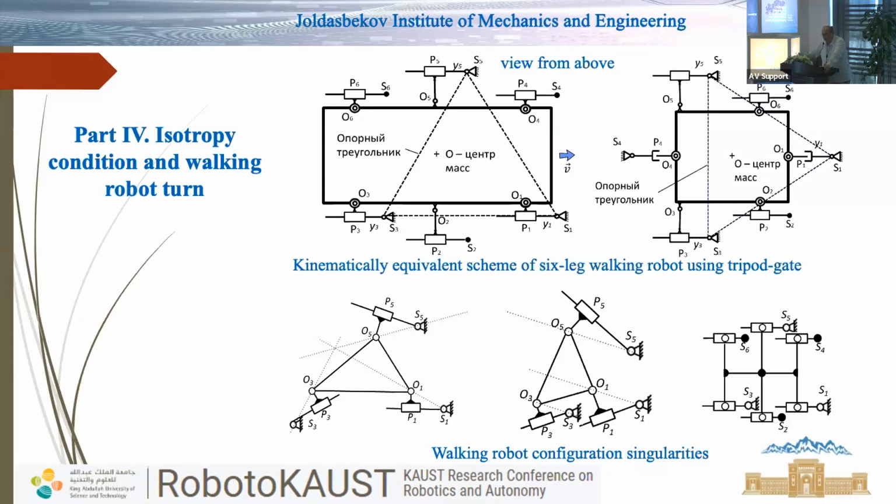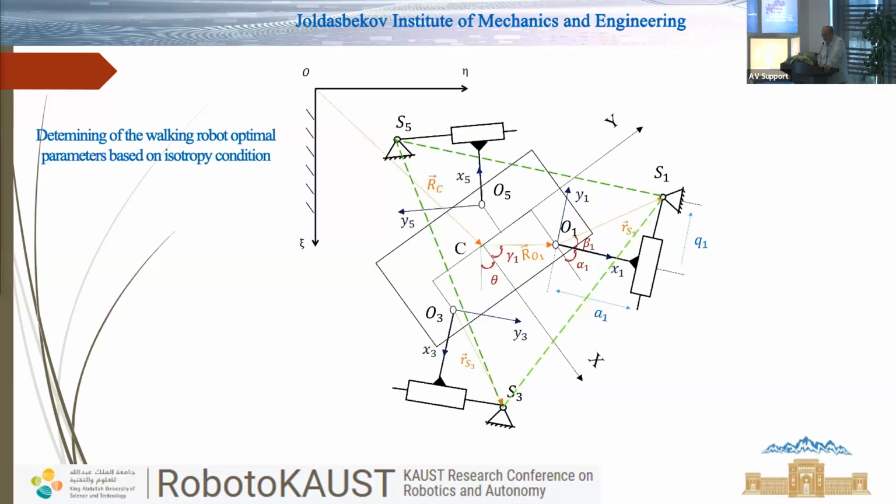Due to adaptability of each leg to terrain irregularities, it's possible to consider a kinematically equivalent planar scheme of the robot when you view it from above. And for this planar scheme, the optimal parameters from the point of view of optimal force transference were considered.